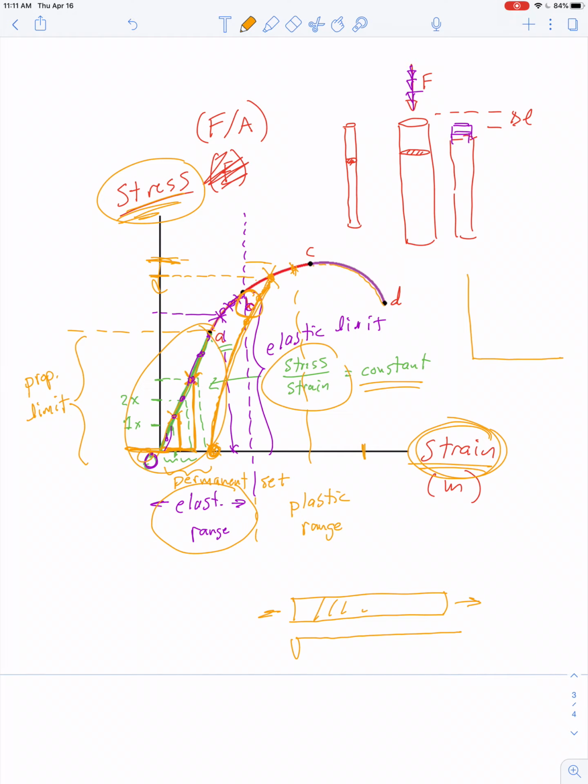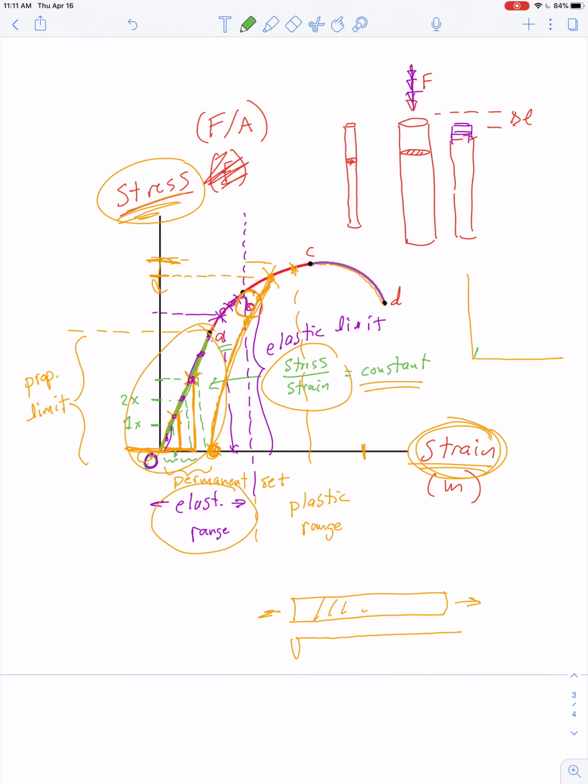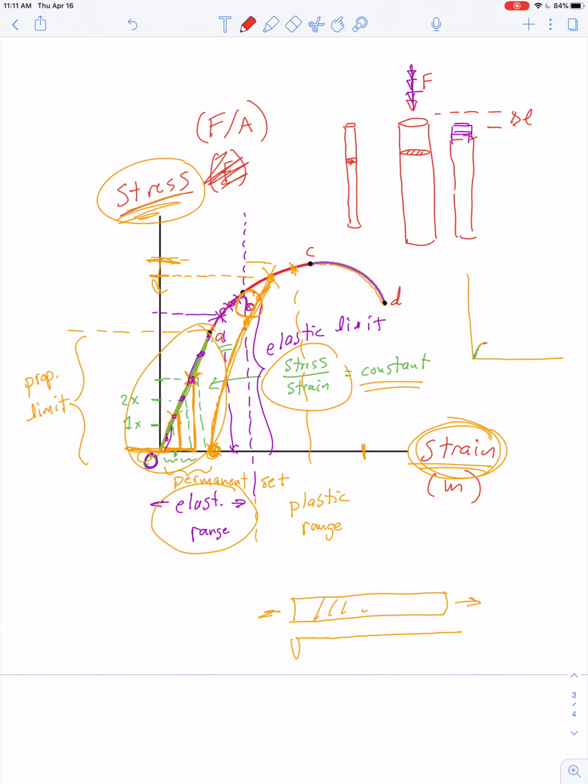So for example, for taffy, you might get that the proportional limit is very short, and then after that there's a very small addition within the elastic limit, but then the plastic range might extend on and on and on really far, right?